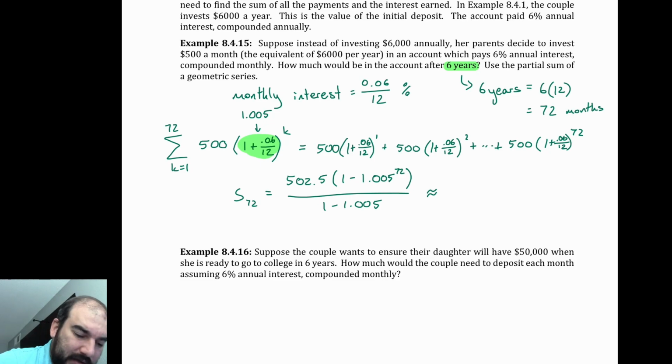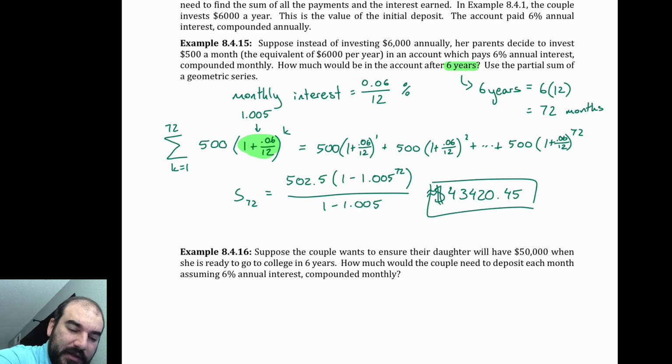And that gives us 43,420.45. So in dollar amounts, that's how much will be in the bank after 6 years.